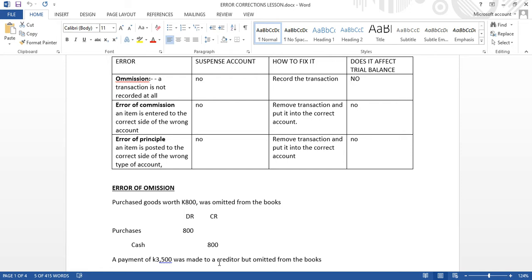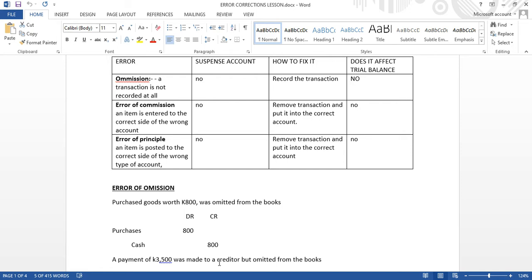Who is a creditor? A creditor is someone we owe money, and someone we owe money is a liability or a payable. Remember that: people we owe money, those are our payables, and the type of account for payables is liabilities.